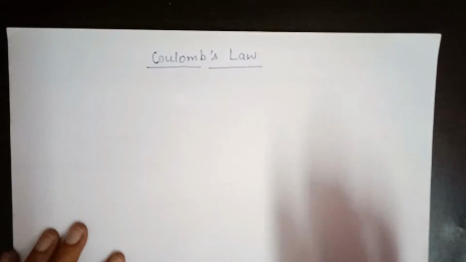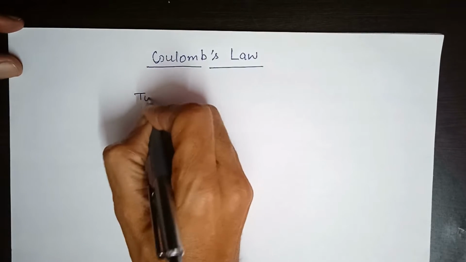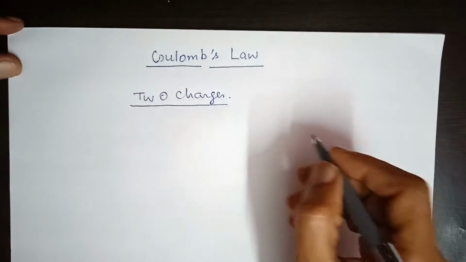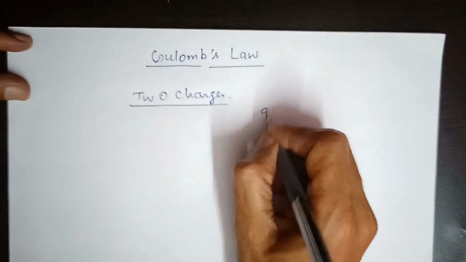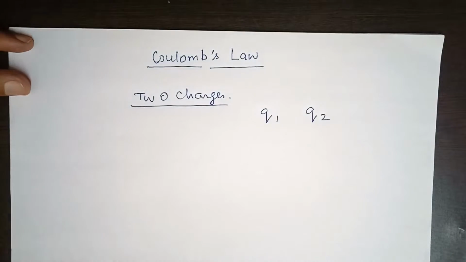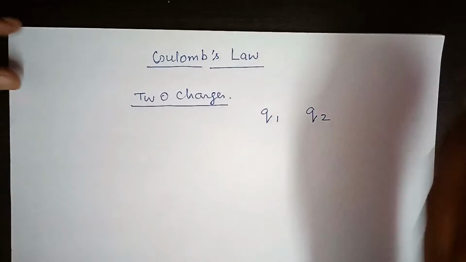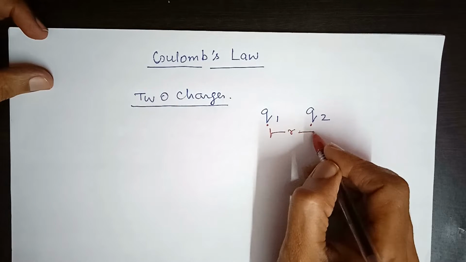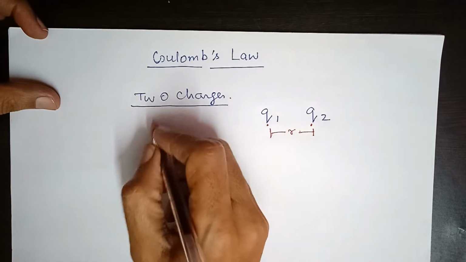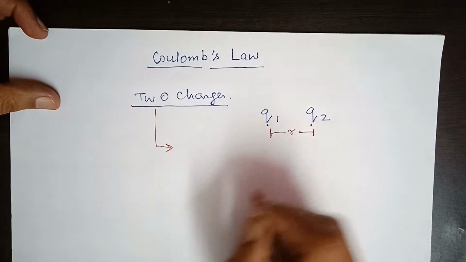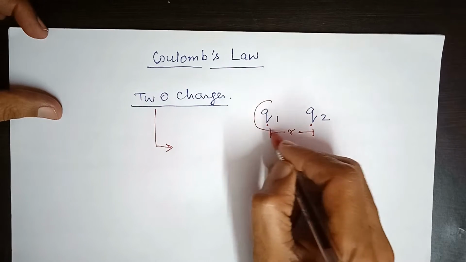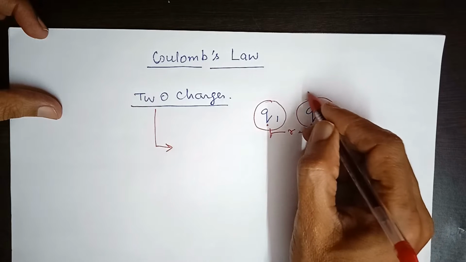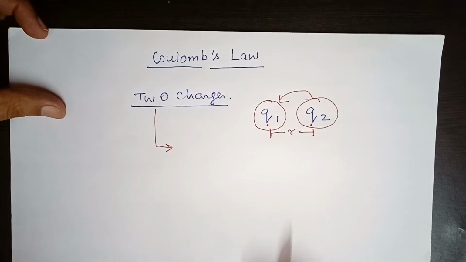So see, if there are two charges, let us say Q1 and Q2, which are separated by a distance of r, then Coulomb's law states that this charge Q1 exerts a force on Q2 and Q2 exerts a force on Q1.